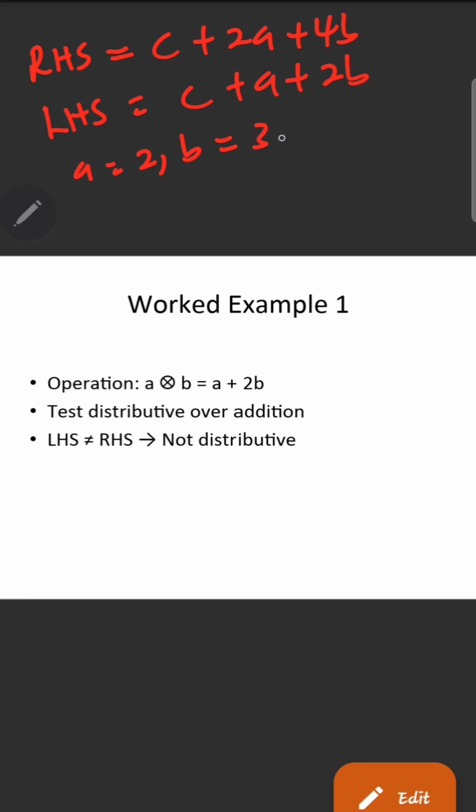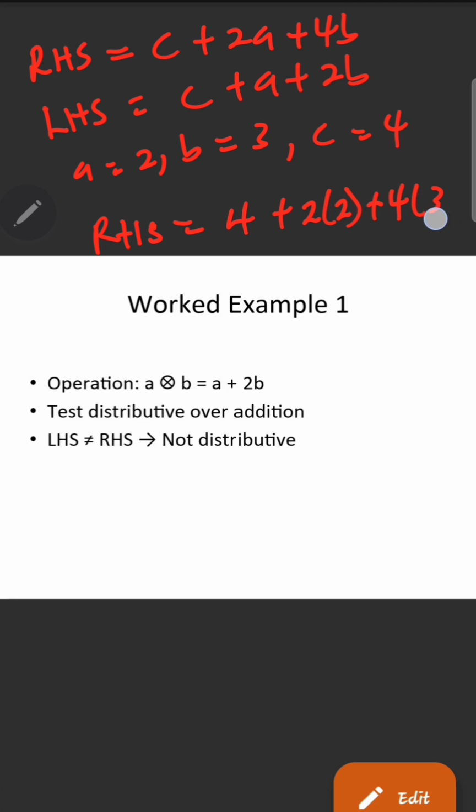We have the value of A to be 2, B is 3, and C is 4. Let's substitute the values for the right hand side. On the right hand side, we are going to have 4 plus 2 into 2 plus 4 into 3.